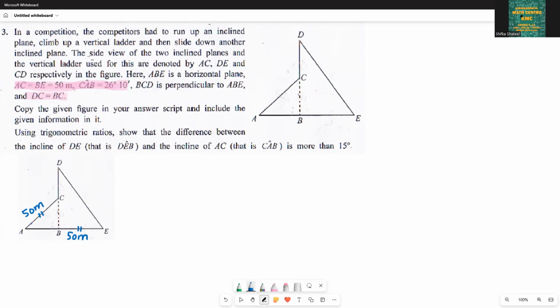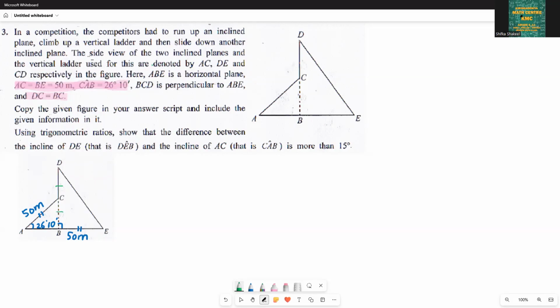This angle is 26 degrees and 10 minutes. BCD is perpendicular to AB. Perpendicular means right angle. DC equals BC. DC and BC are equal. So this part is equal to this.